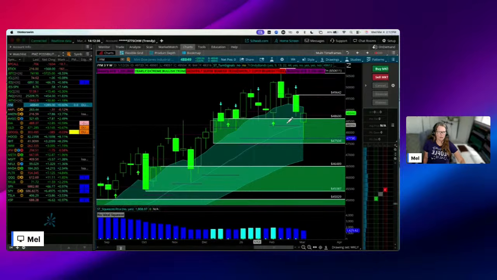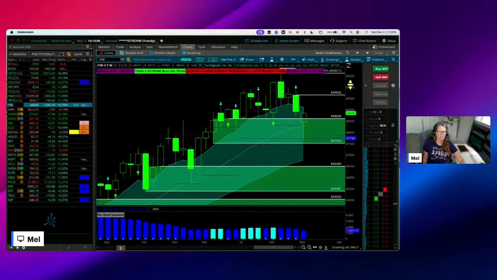My buy zone on the Dow is 48,600 to 47,504. Now, I want to be a buyer in this zone on the names relative to the Dow. Okay, so think of financials or healthcare, industrials, the names more related there.